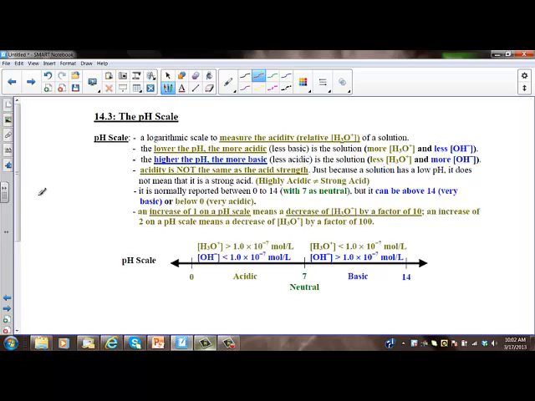So if I say that I have a pH equal to 3 and the hydronium ion concentration increases 100 times, then my new pH is equal to 1, because 10 times 10 is 100. So there was a change of 2 pH values, and this increased, which means that it's getting stronger.